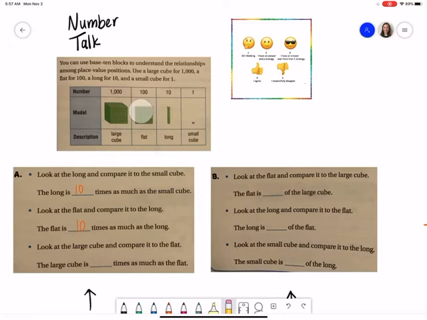Last one. Look at the large cube and compare it to the flat. The large cube is blank times as much as the flat. Let's look.